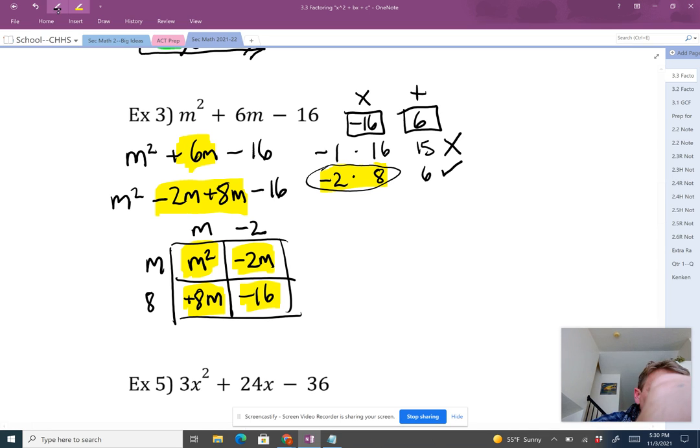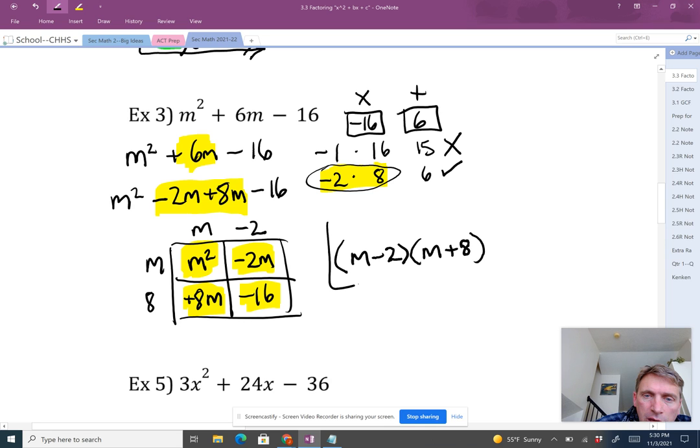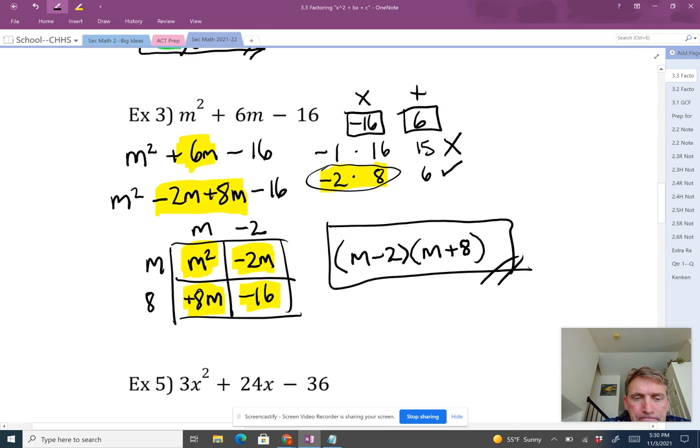So those factors work. So I can then write my final answer as m minus 2 times m plus 8. And that is the factored form of example number 3.